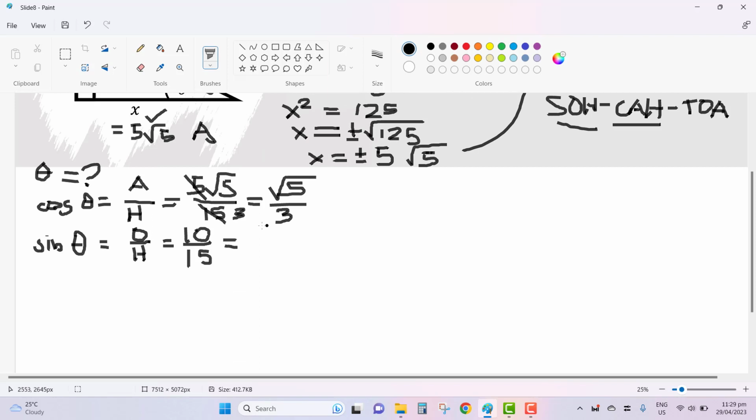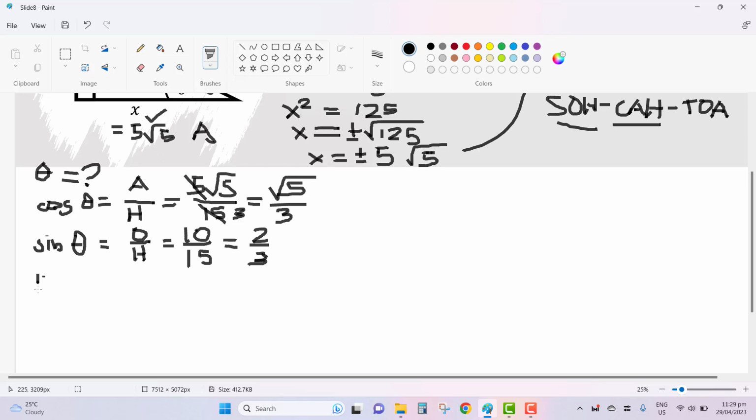So this is not 1/3. That's given as 2 over 3. This is the simplified value, and you are asked to always simplify for sine theta.